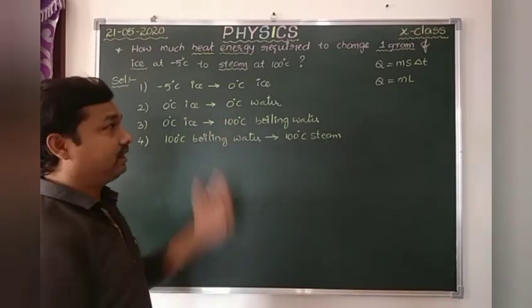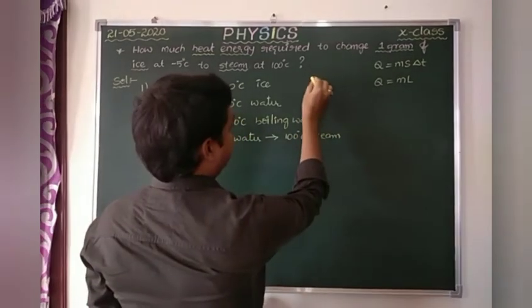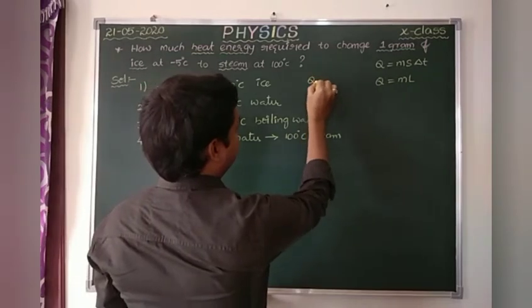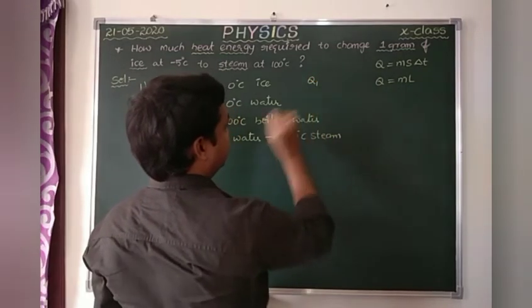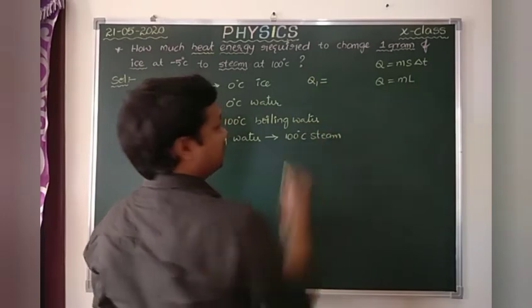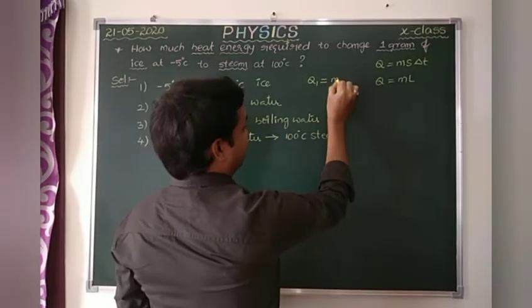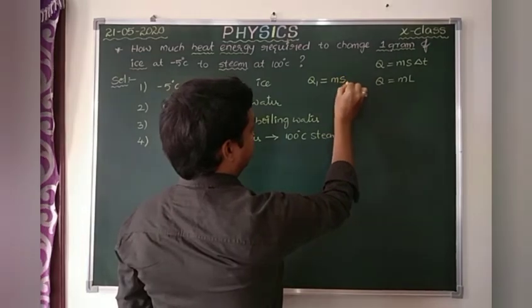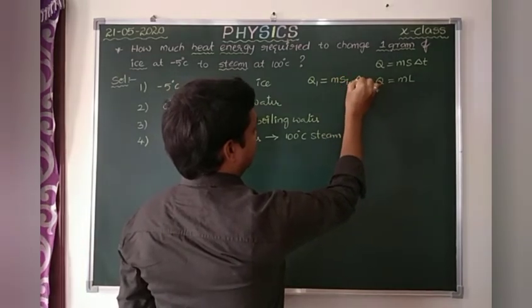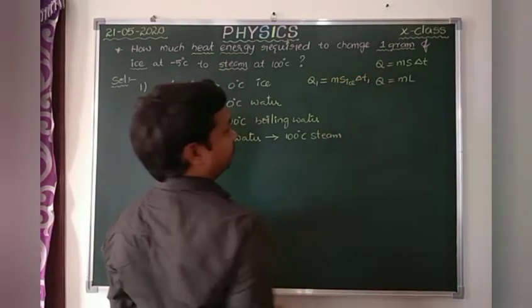Right now, which formula are we going to use here? Let us consider Q1 equals m, specific heat of ice, delta T1.